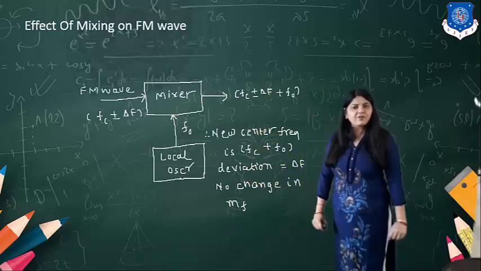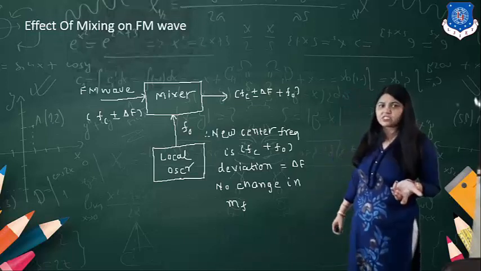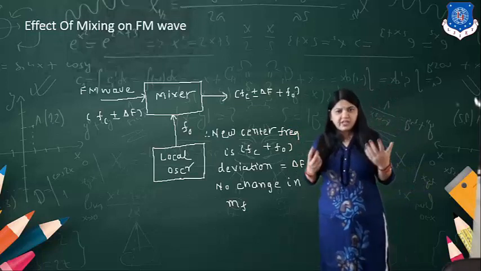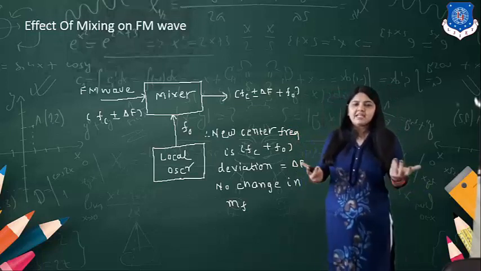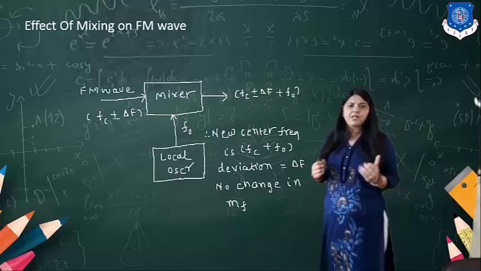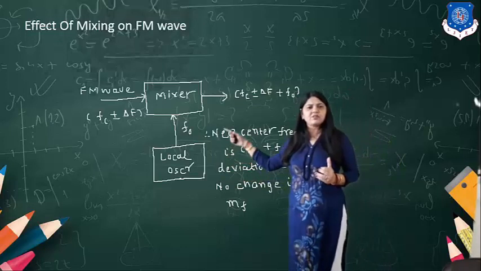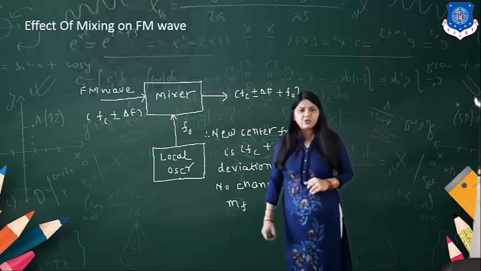What is my FM wave? The FM wave means the change in the carrier frequency. So Fc is the carrier frequency and delta F is the deviation, so it is Fc plus or minus delta F. The local oscillator frequency is F0.